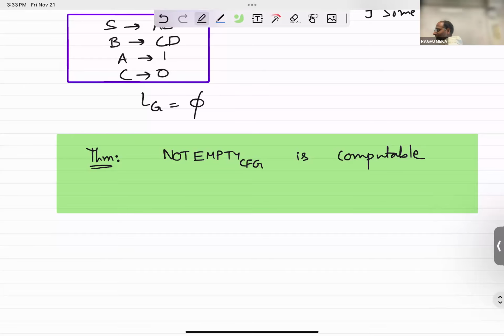I cannot do this for Turing machines, but I can do this for context-free grammars. If you make it context sensitive, then again things might break, but for context-free grammars, we can do it. And how am I going to show that it is computable? I want to say it is computable, meaning there is a Turing machine which can compute not empty CFG. So what's the first thing that you would do if I ask you to show something is computable?